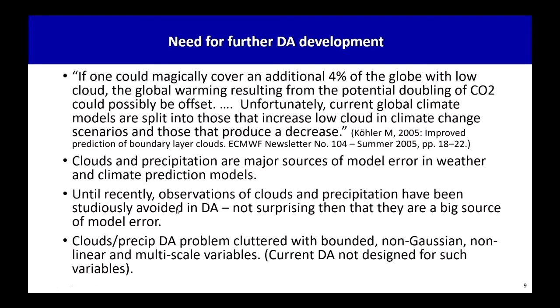There's another problem with our data assimilation schemes, apart from it not being modeled very well, is that most of the current data assimilation schemes we have assume that the error distribution of the forecast is symmetrically distributed. It's multivariate Gaussian, and we assume that for the observation errors, and we assume that for the forecast errors as well.